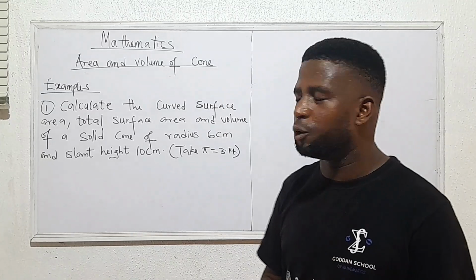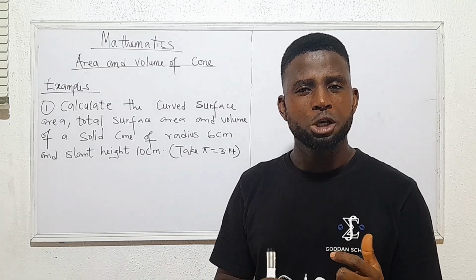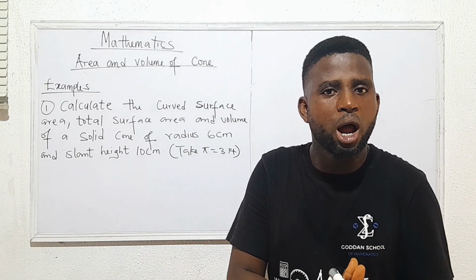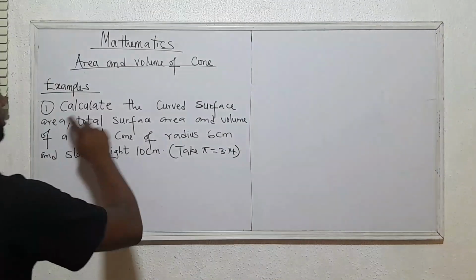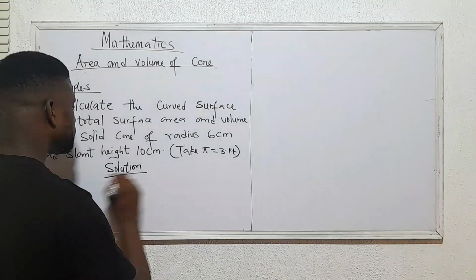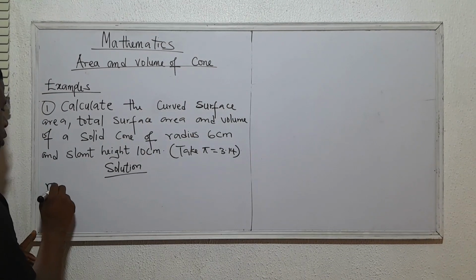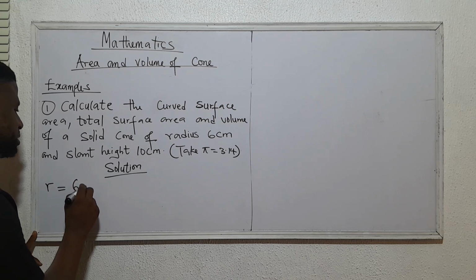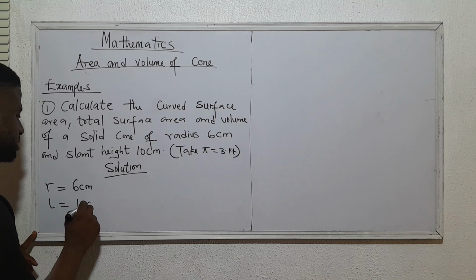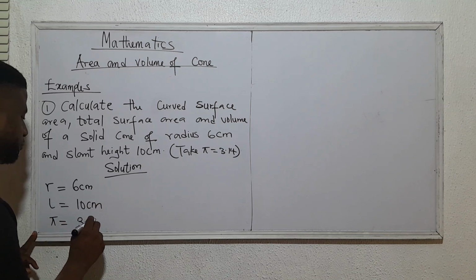Now, every time you are given a question like this in words, the first thing you want to do is write out the parameters that are given, so you will know the appropriate formula to use. From the question, the radius, which is R, is equal to 6 centimeter. The slant height, which is L, is equal to 10 centimeter. And we're given pi to be equal to 3.14.